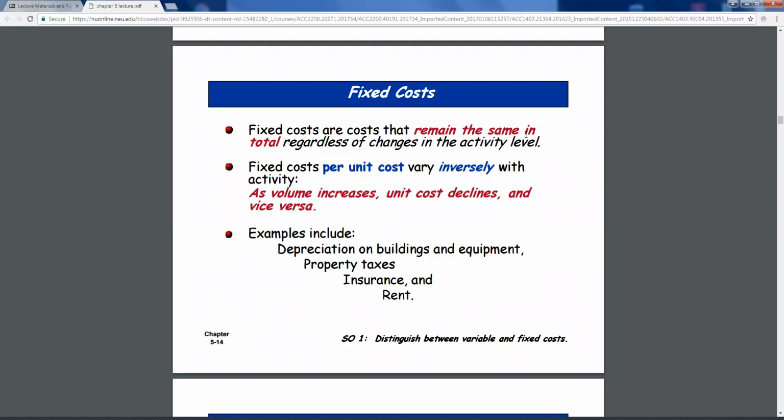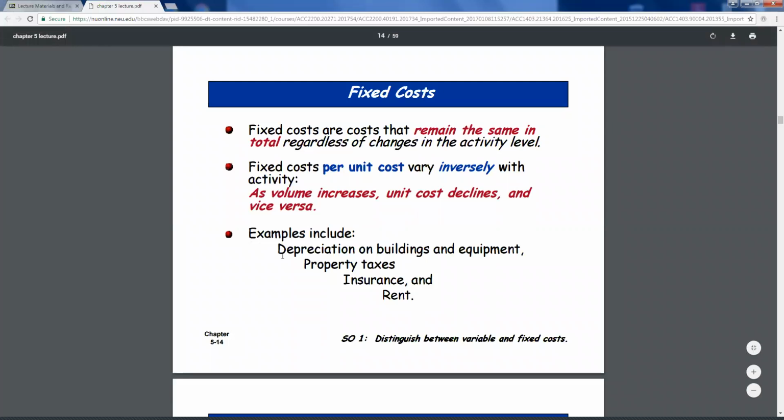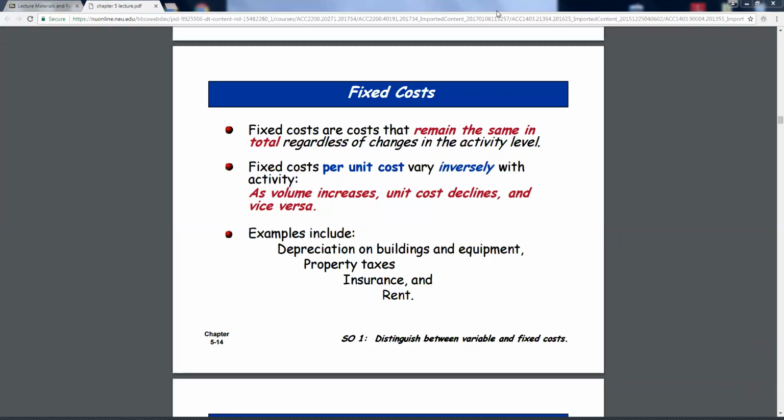So examples of fixed costs could be insurance, rent, salaries of employees, etc. It's basically those costs that don't change or vary with the level of activity that we have in our operation.